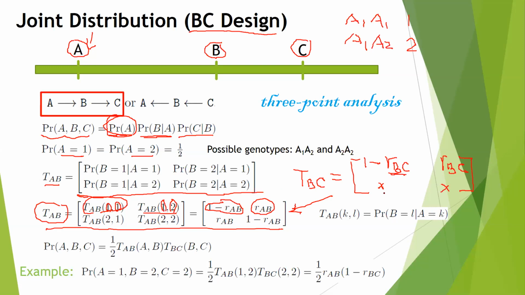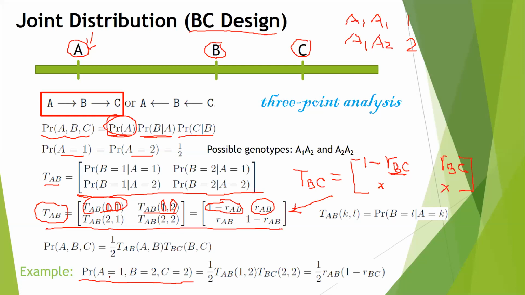Now that we have this, we can easily calculate the joint probability. Suppose you did this backcross design, and from the pool of many progeny from this cross, you want to calculate the chance that you see a particular progeny.